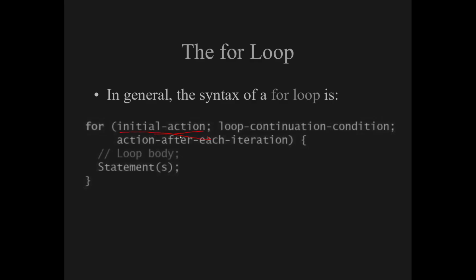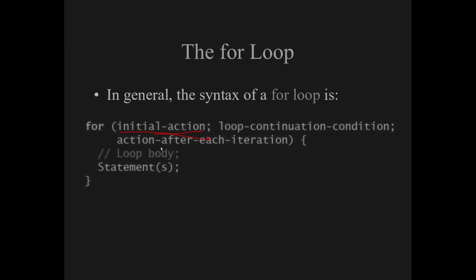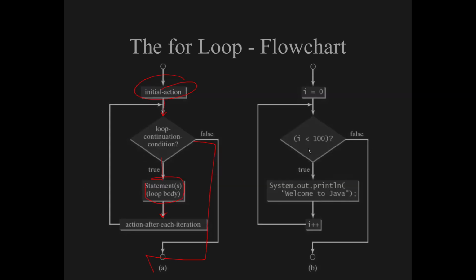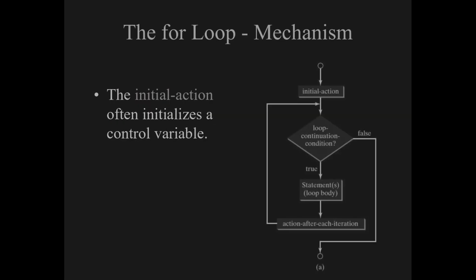Like you can declare multiple variables if you want. Then you have the condition. If it's false, you skip past. If it's true, then it's going to execute the body and then perform the action that's after each iteration, which is after the second semicolon, okay? And then it's going to go back to here and check the condition again, okay?